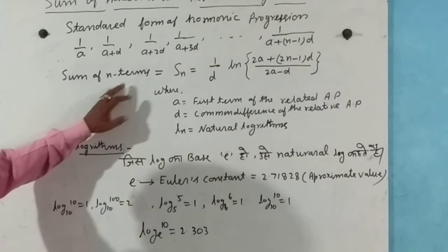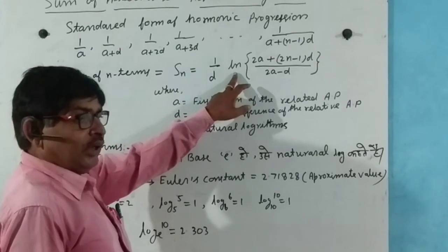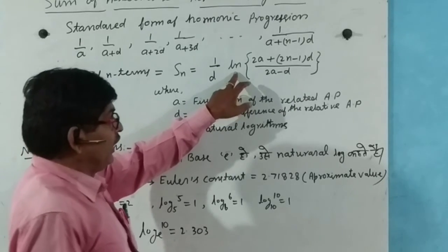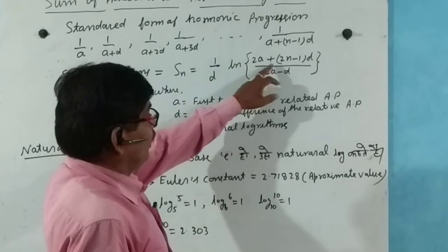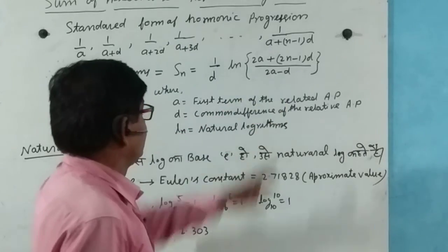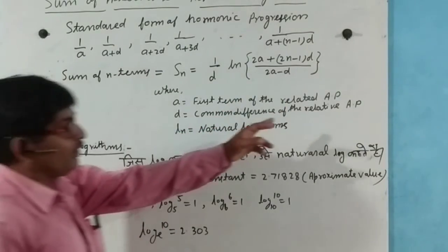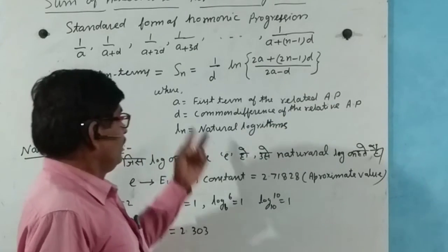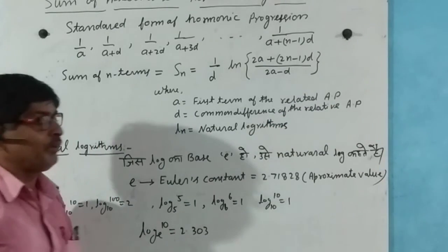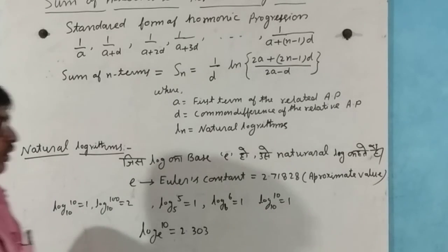The sum of n terms is equal to 1 by d ln of (2a plus (2n minus 1) d) divided by (2a minus d), where a is the first term of the related AP, d is the common difference of the related AP, and ln is the natural log.